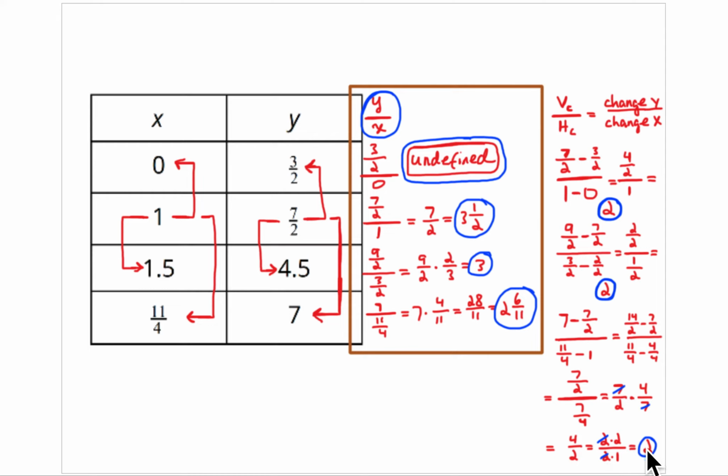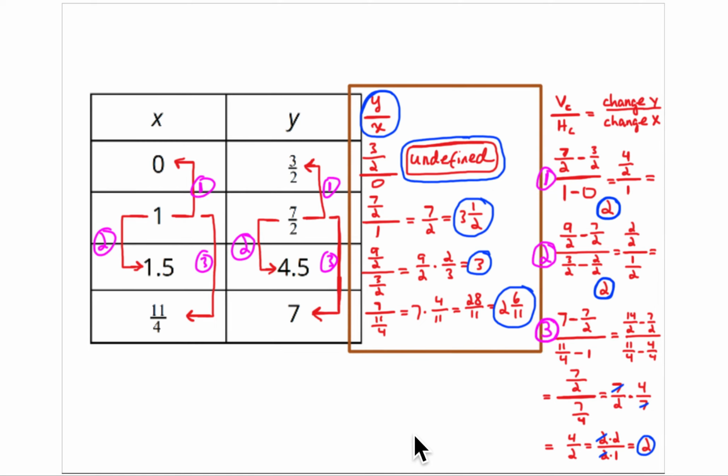So notice the slope of this line is 2, and you can tell that that's correct because every time you look at the vertical change compared to the horizontal change, you always get the same thing, 2 units. So for every unit in the horizontal direction, this line goes up 2 units in the vertical direction. Or I should say, 2 units in the vertical direction for every 1 unit in the horizontal direction.